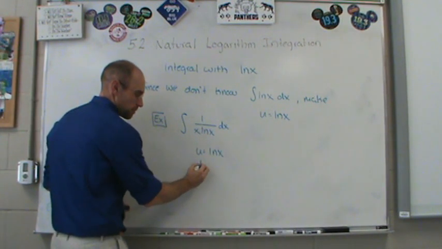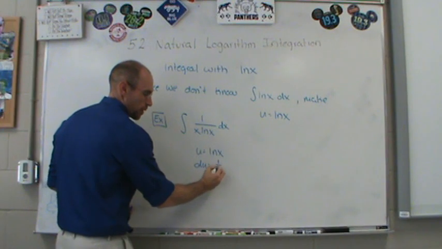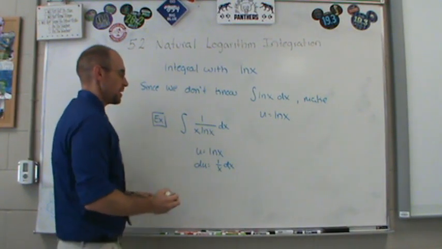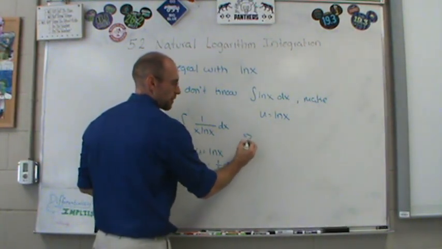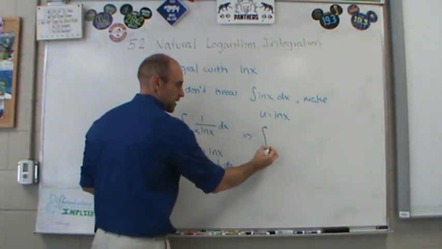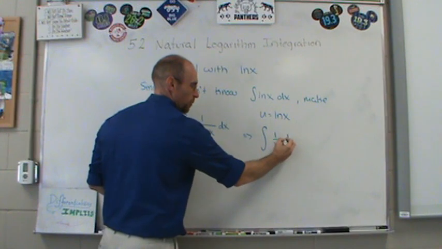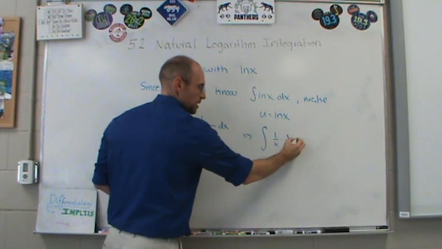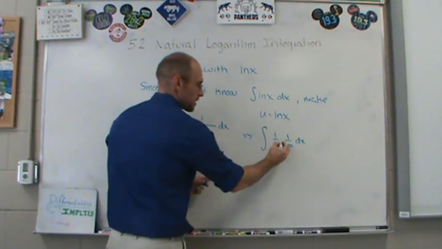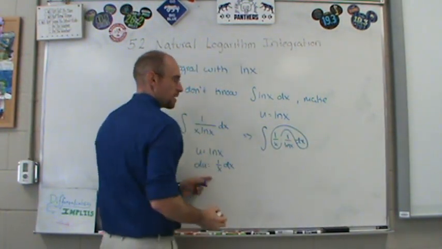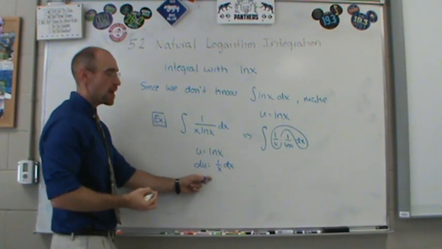All right, well du, take the derivative, 1 over x dx. Well, remember this right here, if I were to rewrite it so you can see it a little bit better, is just 1 over x times 1 over natural log of x dx. And so 1 over x dx is right there. It's already in our problem.